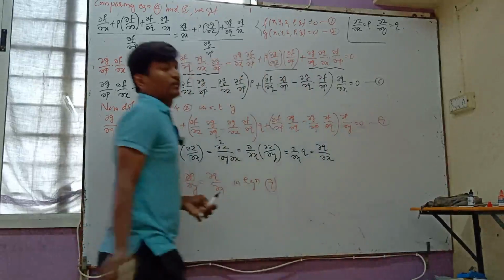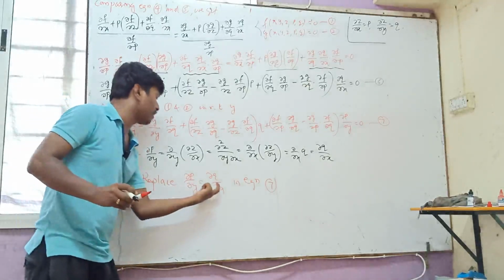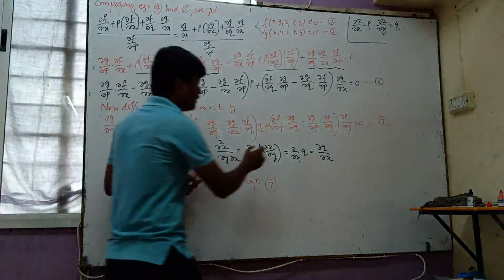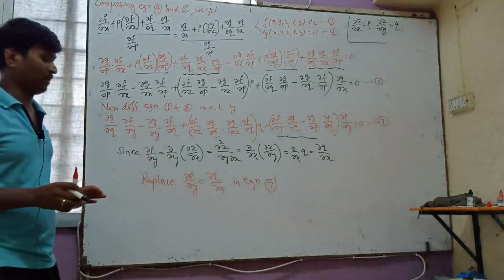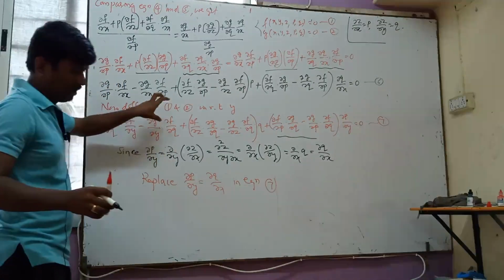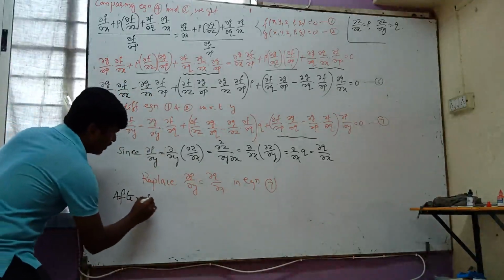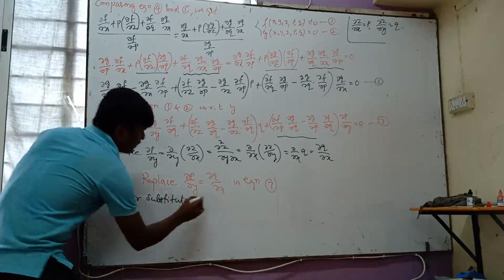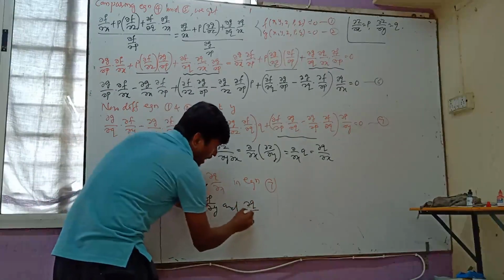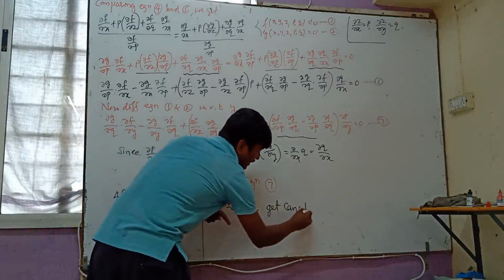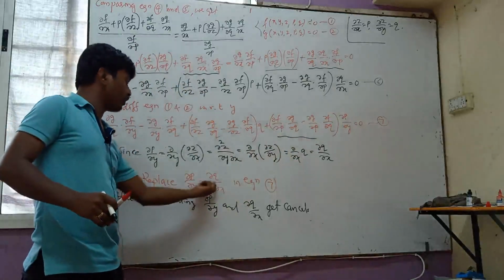Call this equation 7. Carefully observe: after replacing dou p by dou y with dou q by dou x in this equation, the p and x terms get cancelled.